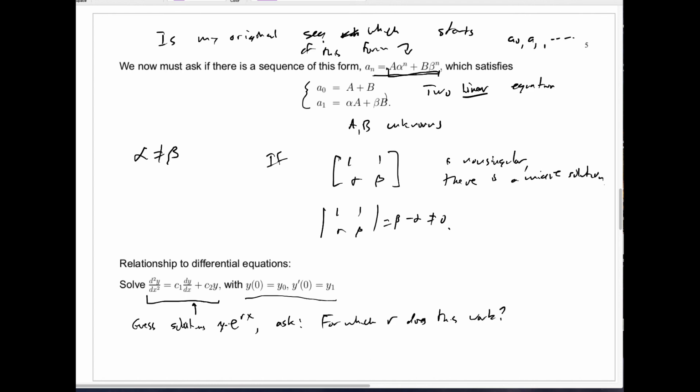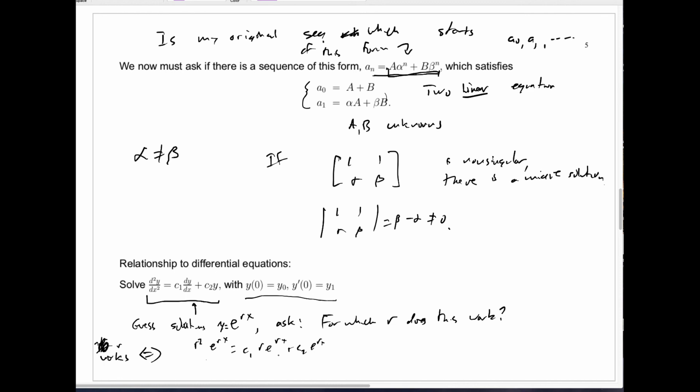And if you just compute very quickly that the second derivative of y with respect to x, if y is of this form, is just r squared e to the rx, the first derivative is r e to the rx, you would immediately get, in order for r to work, or let me say it this way, r works, we can actually say if and only if r squared e to the rx equals c1 r e to the rx plus c2 e to the rx.